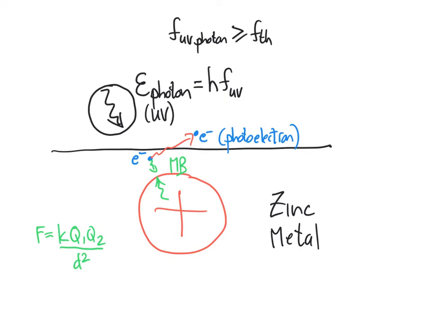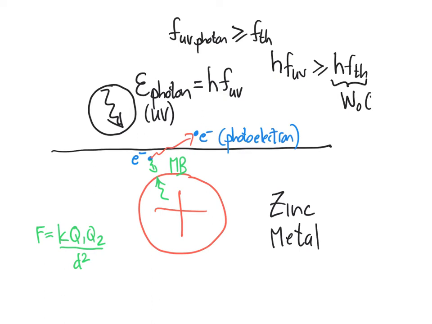Now, if we multiply this on both sides by h, then what we get is h times the frequency of UV is greater than or equal to h times the frequency threshold. And on the right hand side here, this is the minimum energy required for a photon to emit an electron from this particular surface.